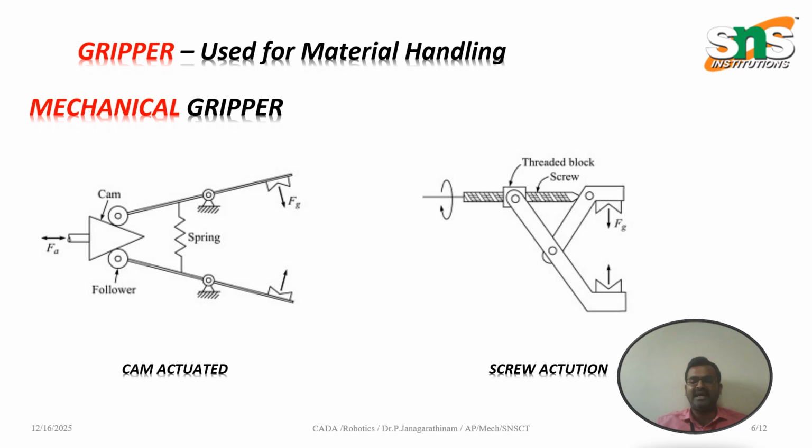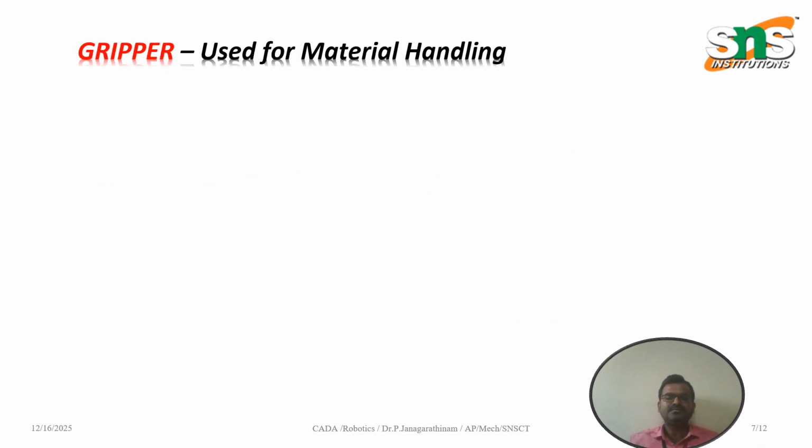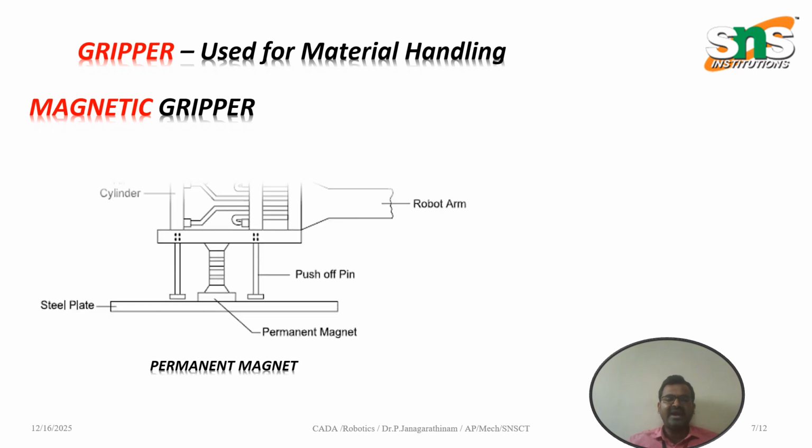Instead of cam and rack and pinion and other mechanisms, here we are using the screw actuation system, a threaded screw. We adjust the screw, and automatically it can clamp the workpiece. So automatically we can move the workpiece from one place to another place by using any kind of robotic actuation system. Another one is the magnetic type.